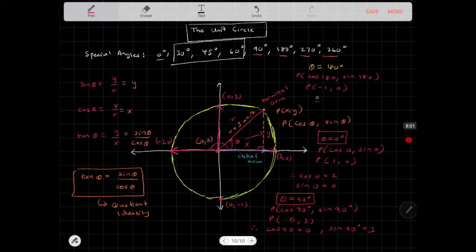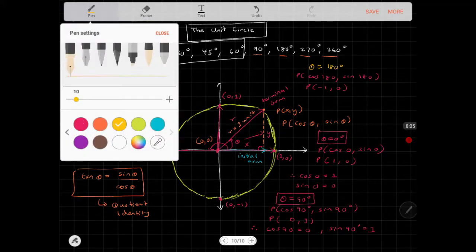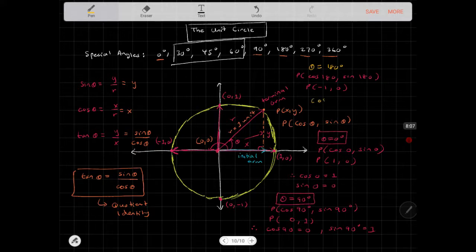So therefore, let's use a different color so we don't get mixed up. Cosine 180 is equal to -1 and sine 180 is equal to 0. That makes sense? So that's basically one half of the circle.